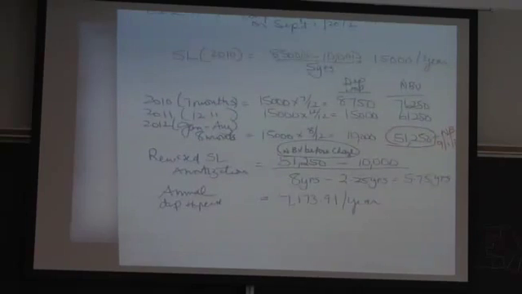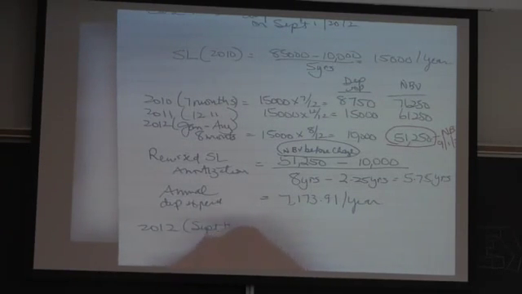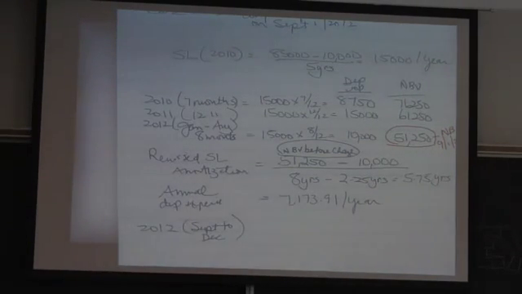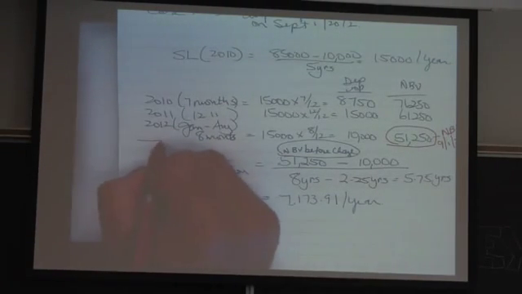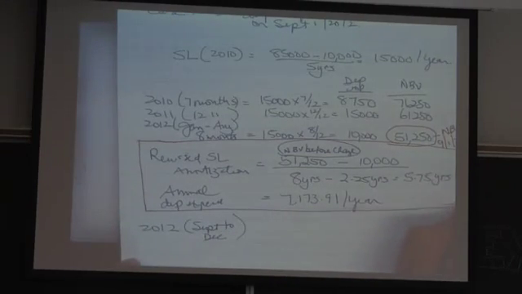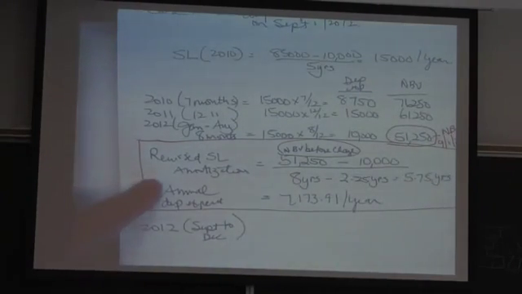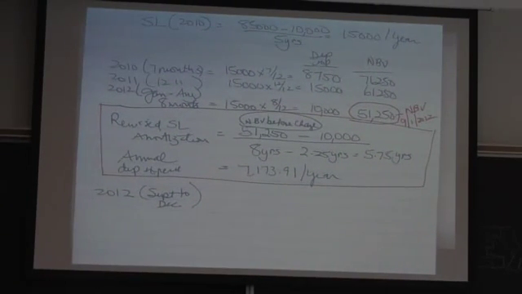Now, we need to calculate the 2012 September to December amortization, because we need to finish this calculation. This is just a sidebar calculation to help us calculate the depreciation for the remaining period.